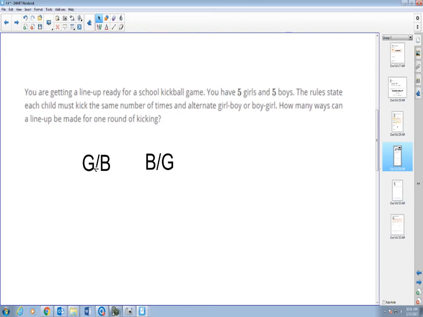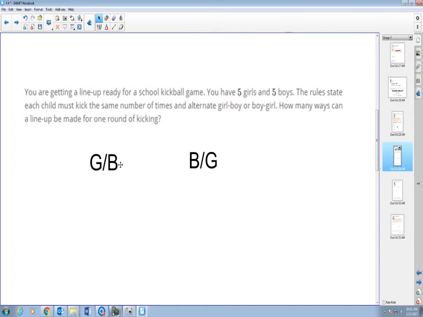If we just focus on one of these, girls, I've got 5 girls to choose from. Does the order in which the 5 girls kick matter? Of course it does. If you're a girl, of course you want to kick first.